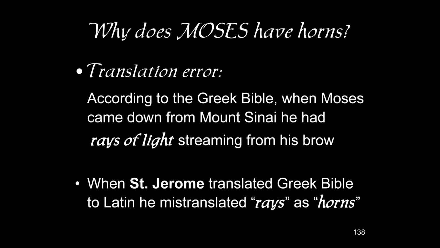by the 16th century. There's actually a painting in San Marco in Florence, the monastery of San Marco in Florence, by Fra Angelico. And it shows a transfiguration with the head of Moses, and there are rays of light coming from the 2 points where you would have expected horns to be.